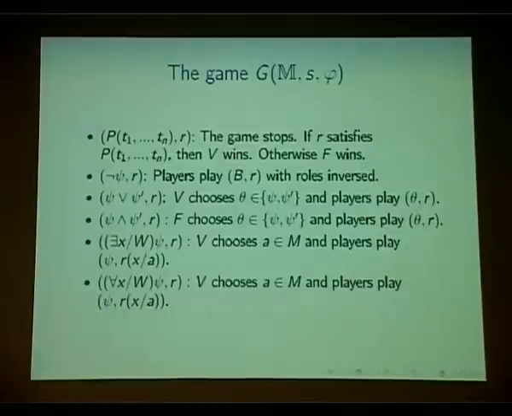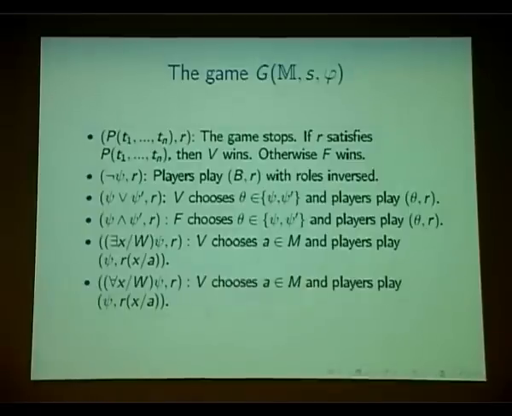There was a mistake here. Otherwise, the falsifier wins. For negation of phi, I should have written that the players play phi and the assignment with roles inverted. So negation is treated game theoretically by the inversion of the roles.